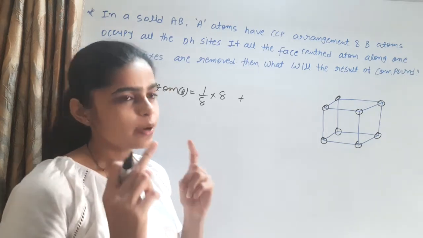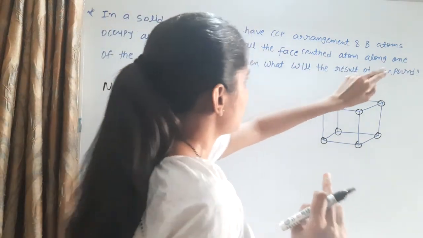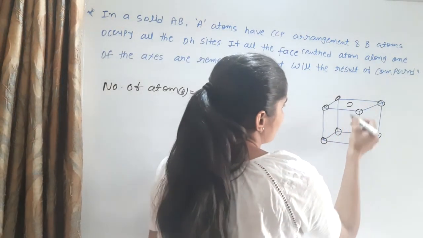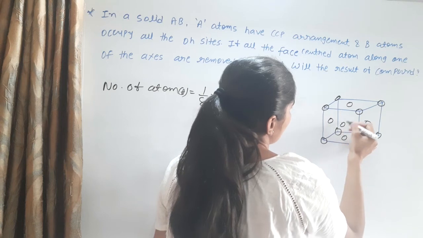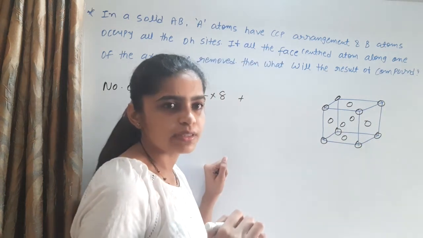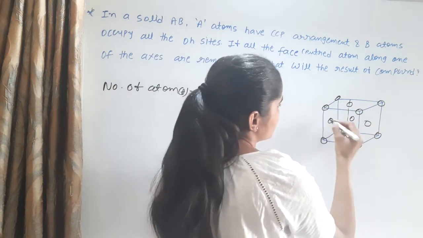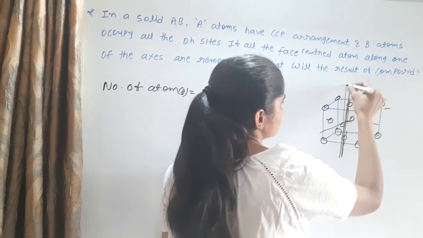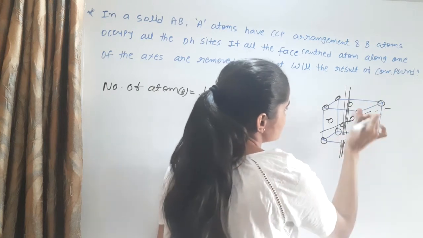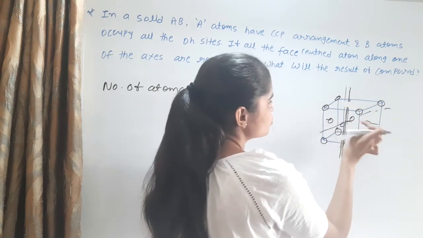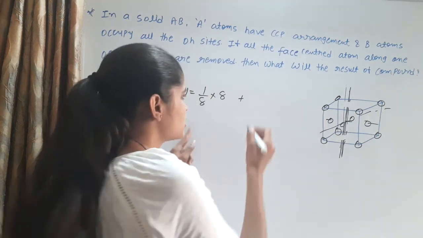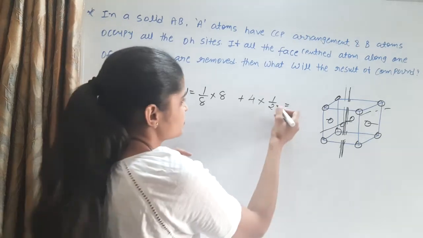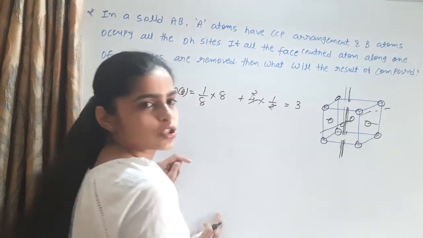So total 3. But in this case, it is given that the atoms along one of the axes are removed. For example, 1, 2, 3, 4, 5, 6 atoms present on the faces, but in this one axis is removed, so these 2 atoms are removed. So total 4 atoms present on the faces, and its contribution is 1 by 2. So the answer is equal to 3.